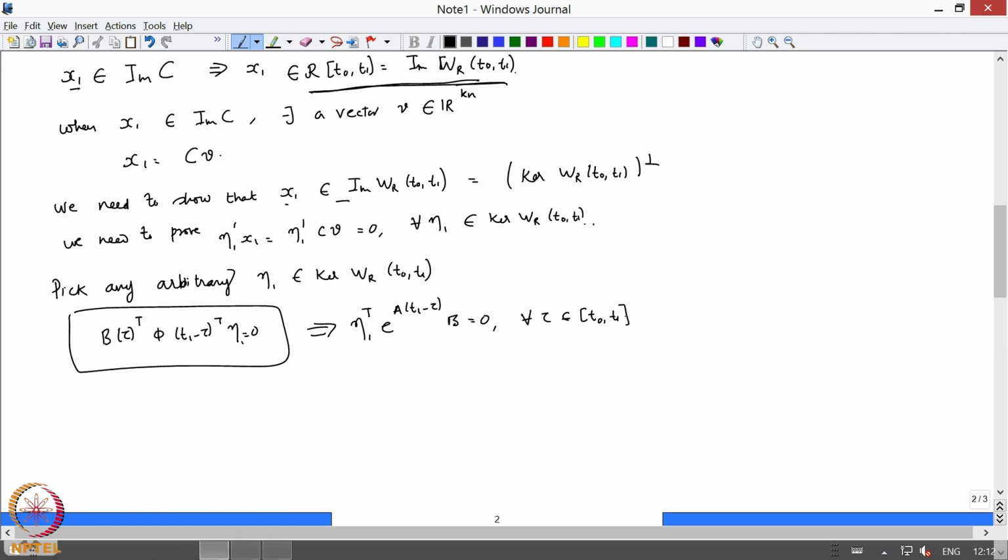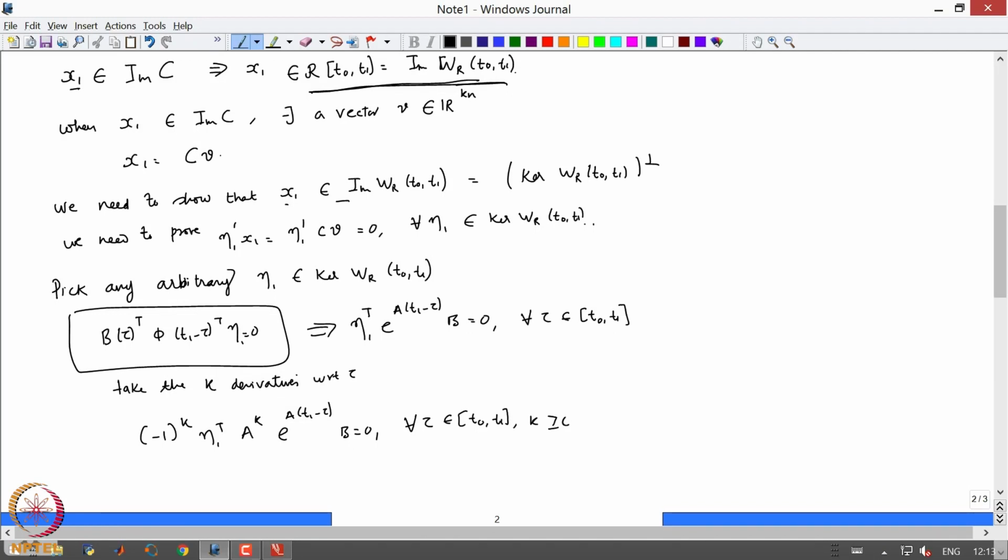Okay. Now, I take k derivatives with respect to tau, and what I get is that minus 1 power k eta 1 transpose a power k e power a (t 1 minus tau) times b equal to 0 for all tau in t 0, t 1 and k greater than or equal to 0.